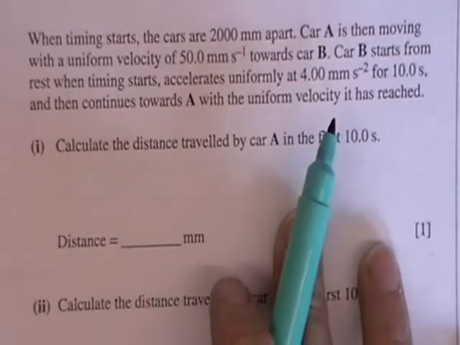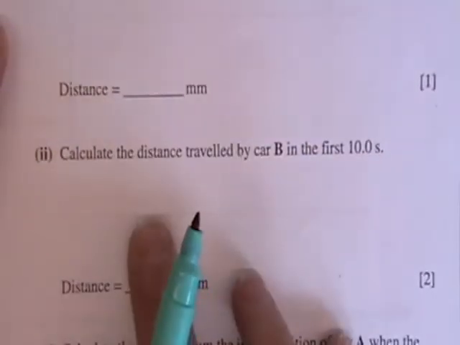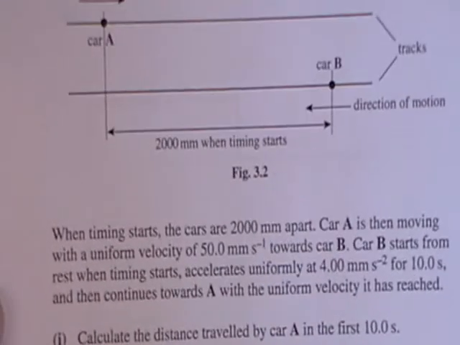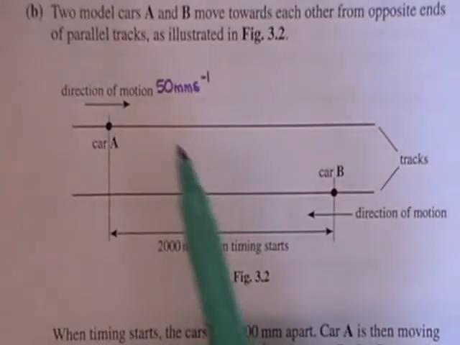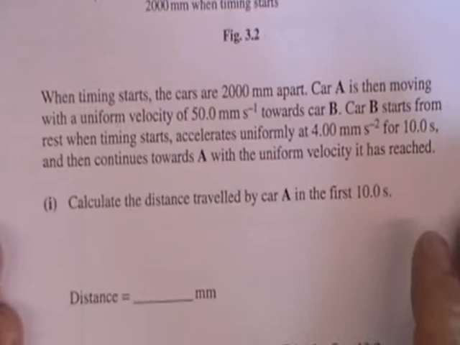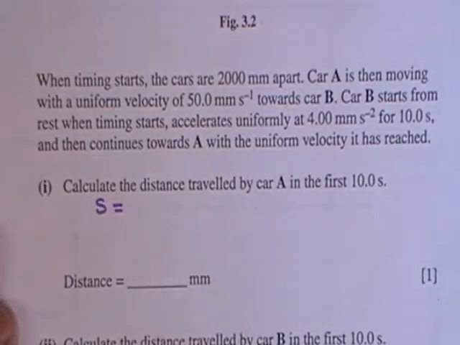The first thing the question asks you to do is calculate the distance travelled by car A in the first 10 seconds and then the distance travelled by car B. So for car A, you know it's moving at a constant velocity of 50 millimetres per second. We don't have to use equations of motion, there's no acceleration involved.